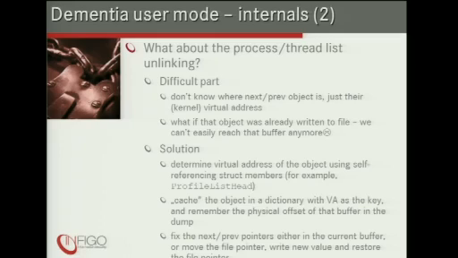I then cache this object inside a dictionary where the virtual address is the key, and I also remember the physical offset where I encountered this object. And then I fix the dump. I fix the previous and next pointers.